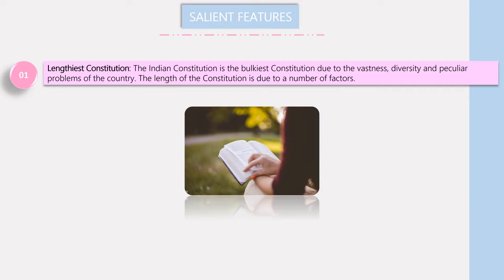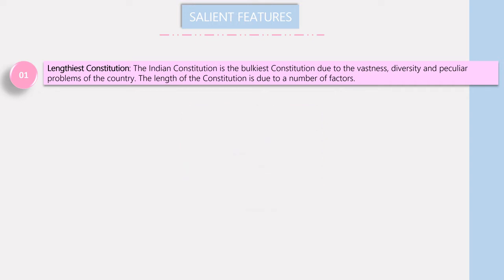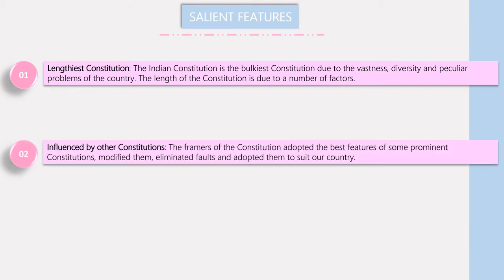Second point, influenced by other constitutions. The framers of the Constitution adopted the best features of some prominent constitutions, modified them to eliminate the faults, and adapted them to suit our country.